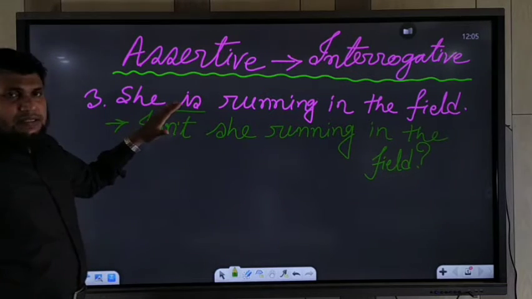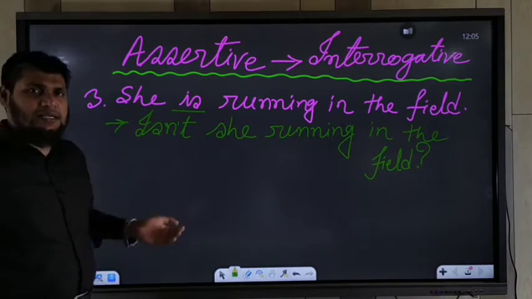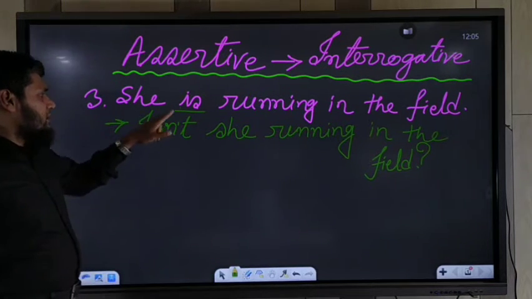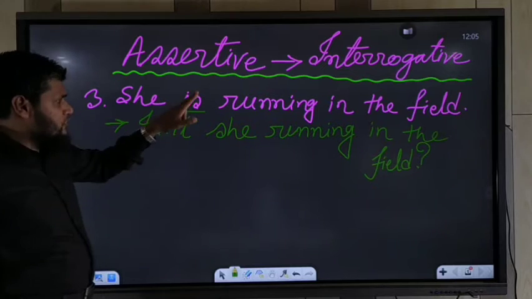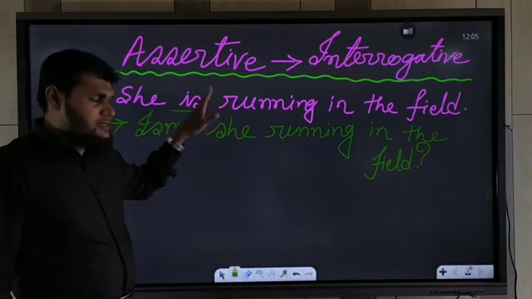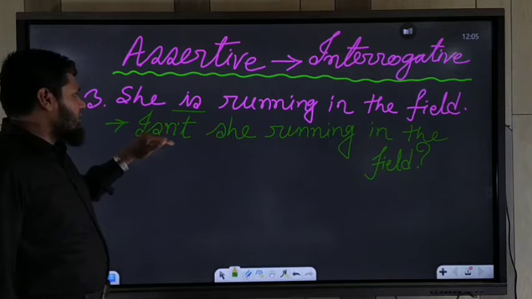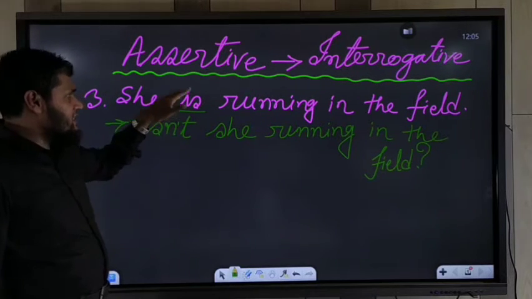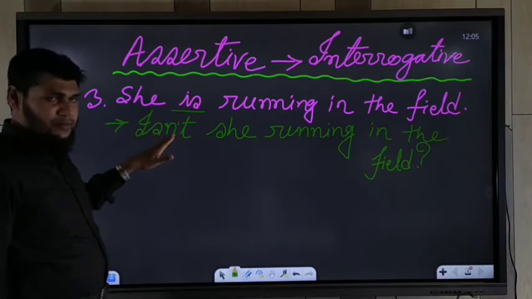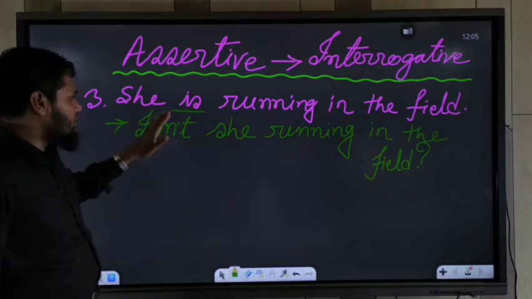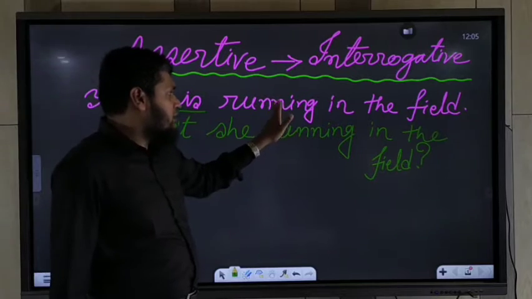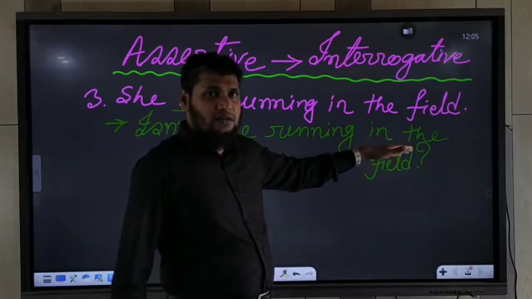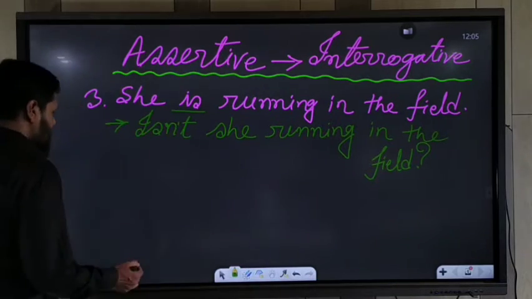So the sentence has been changed into interrogative form. So you should use the auxiliary verb according to the tense, and if the sentence is affirmative, you should use negative form, and if the sentence is in negative form, you should use affirmative form. Then you should use the subject, the main verb, and the extension. Okay. So more examples.